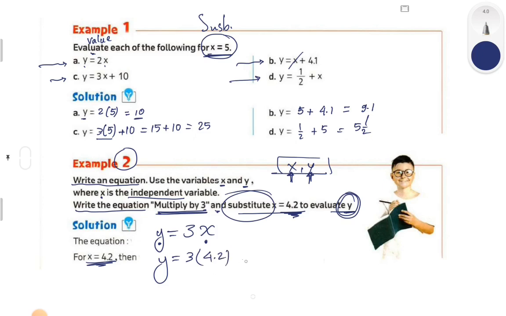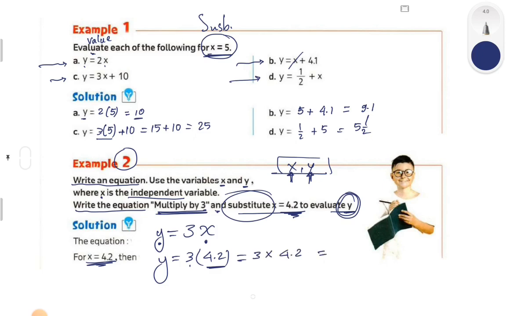Okay. Now to multiply here, easy one, right? Multiply 3 by 4.2.